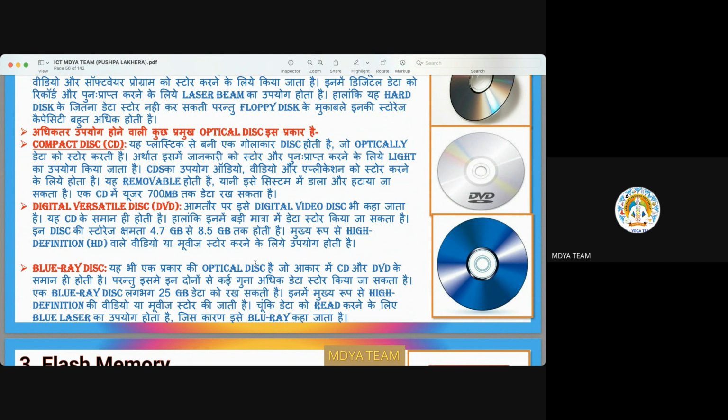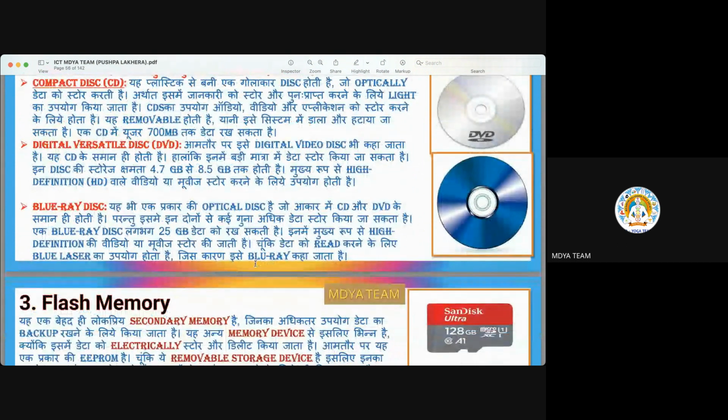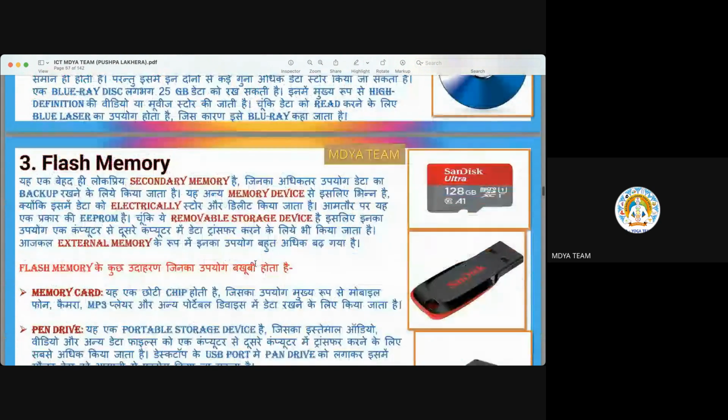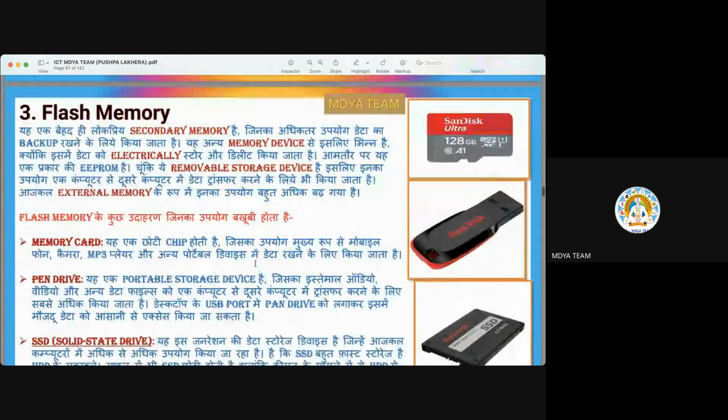And the main use is to store high definition movies or video because the quality gets improved multiple times. And to read the data, the blue laser is used. That's why it is called Blu-ray disc. It's a particular frequency of light, so that is used.